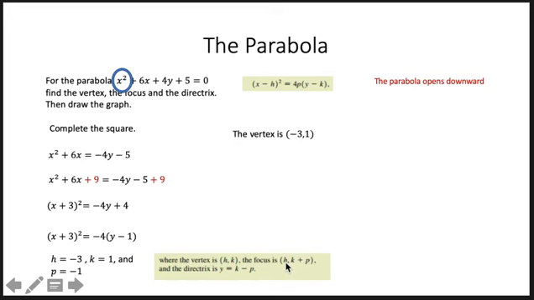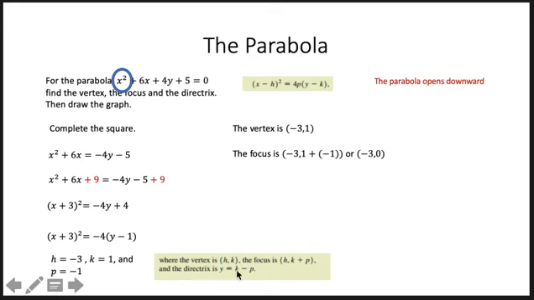The focus is h, so it's negative 3, and then k plus p, which means it's going to be 1 plus negative 1. So the focus is (negative 3, 0). The h part stays the same, but the k part changes. Actually, I'm sorry, we were moving down. So we're moving down 1, so it's (negative 3, 0).